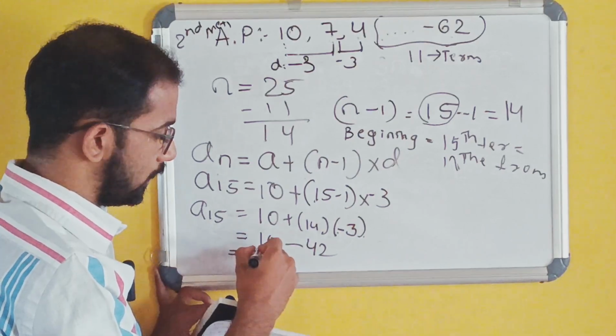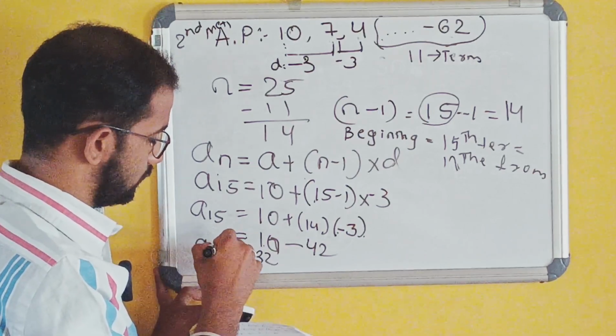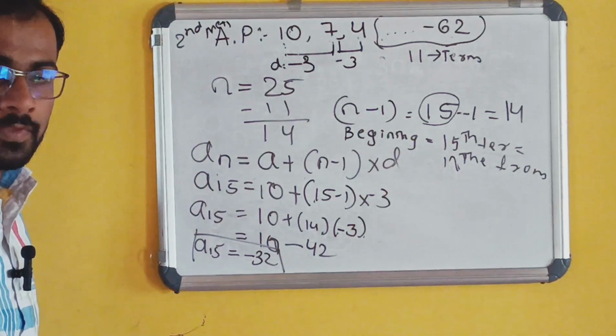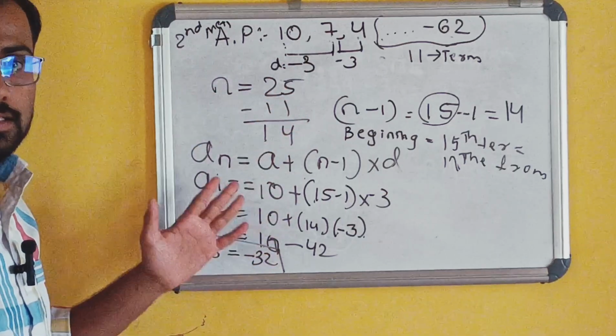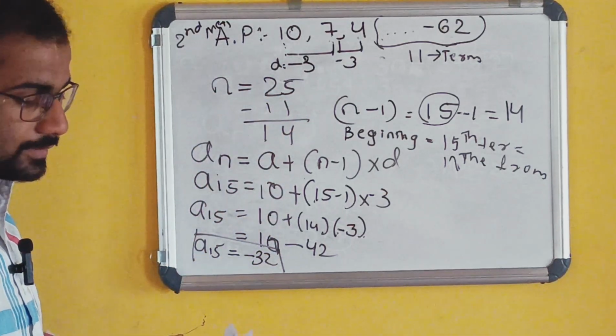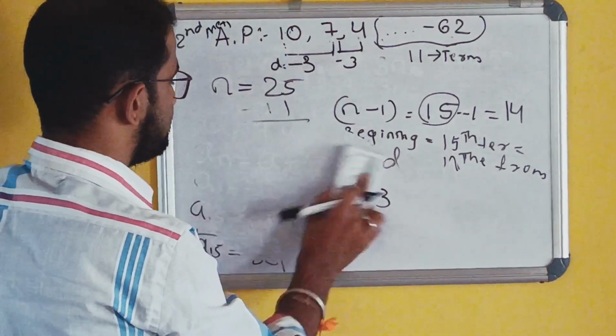This is 10 minus 42, which is minus 32. This is the second method. We have to solve like this. So if you have any doubt in this problem, let me know through the comment section. Let's move on to the next example.